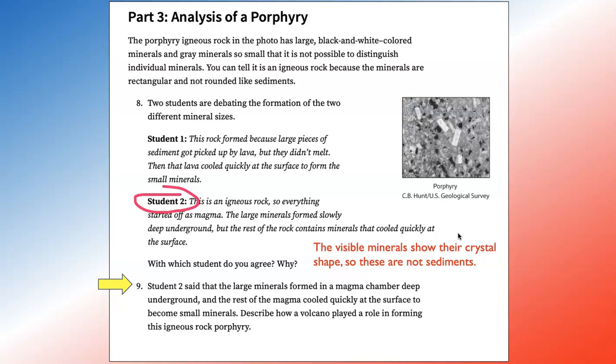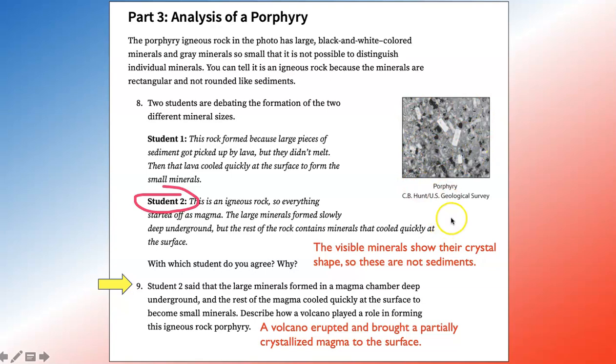Describe how a volcano played a role in forming this igneous rock porphyry. Well, a volcano erupted and it brought a partially crystallized magma to the surface. So in that magma chamber, we had these white and black minerals forming, and then it was erupted, and the surrounding material that had not yet crystallized solidified very quickly.